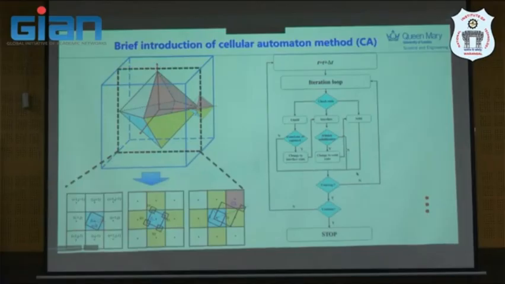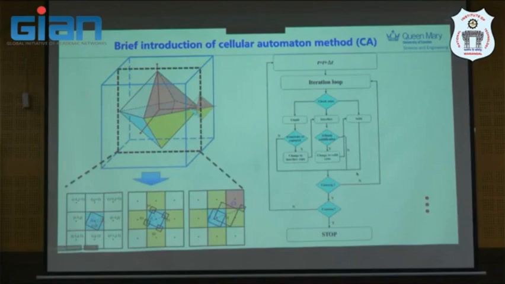A cubic grid cell was used in the current model. Before we use this approach, we want to define the state of the cell.